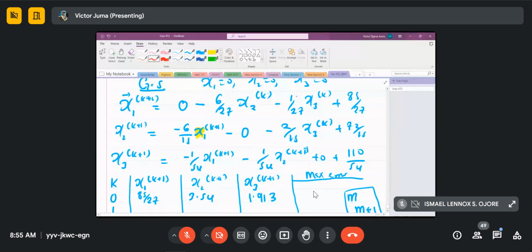So my question is, what if this x1 moves from k and not k plus 1, so that x2 becomes k minus 1? Will that still work for Gauss-Seidel?